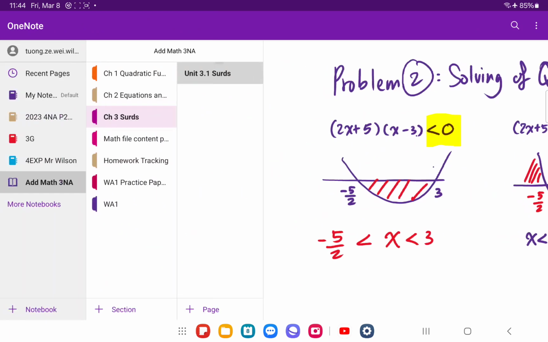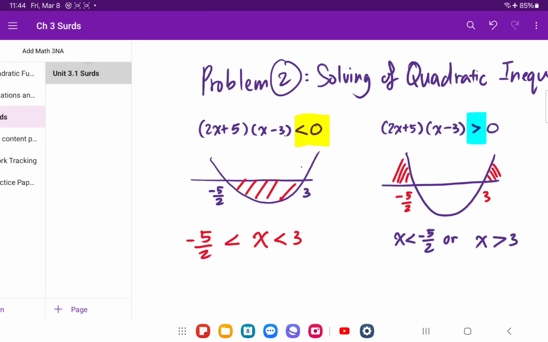Alright, everybody pause. Look up. Before I end, some of your classmates actually notified me there is a typo in the 3.1 homework. Can you turn over to the 3.1 homework on Surds?